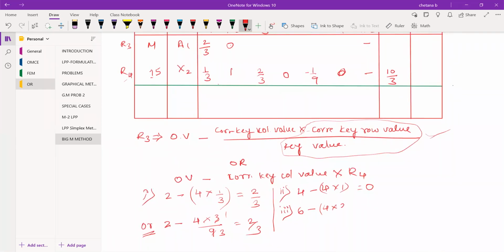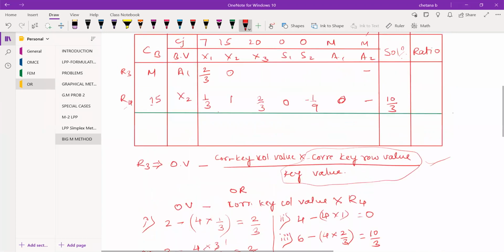That particular R4 is 2/3. So what will this be? 10/3.